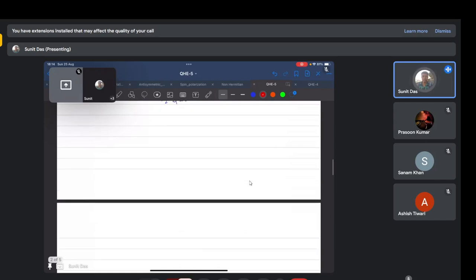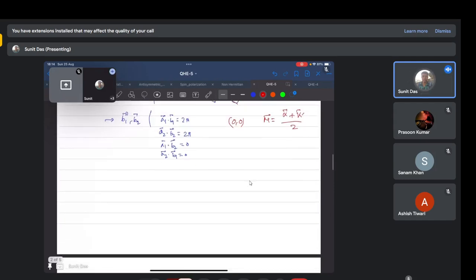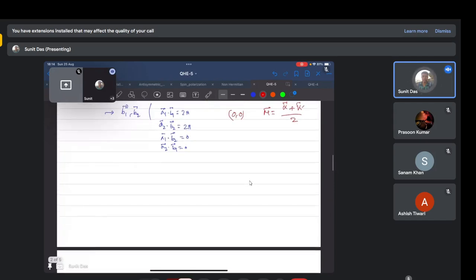So the band structure will look like this: in the Brillouin zone, there will be 6 points where the valence band and the conduction band will touch each other, and at other points they are moving away from each other, having finite gaps.